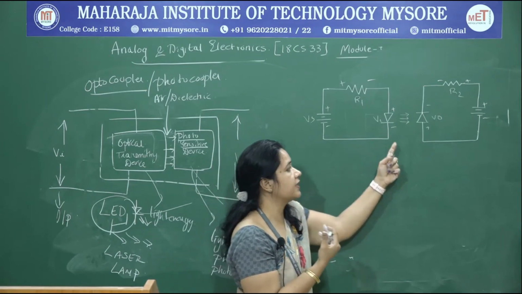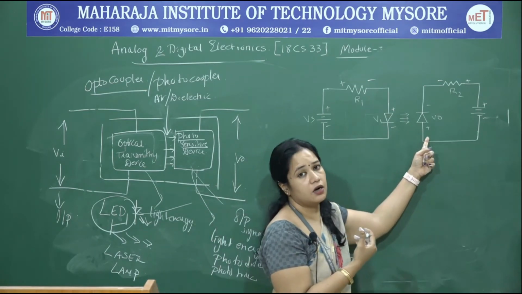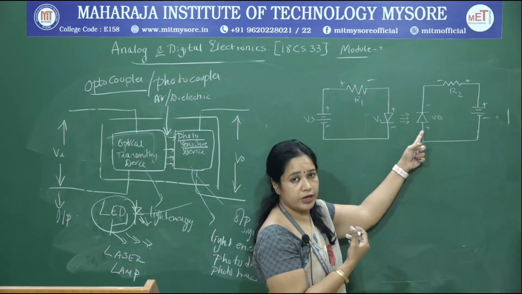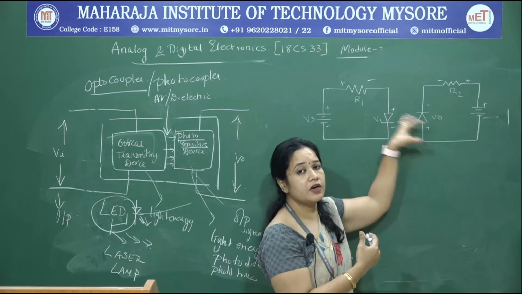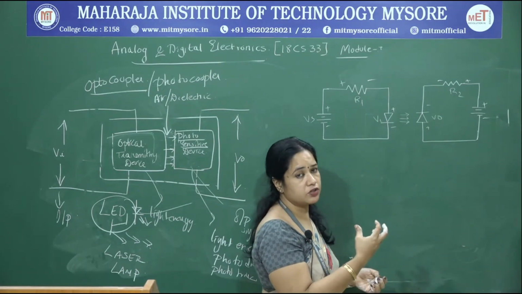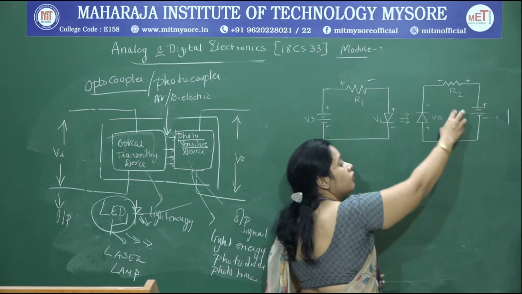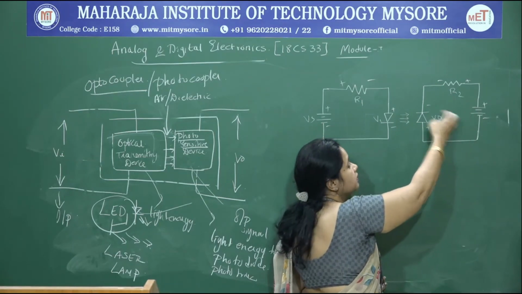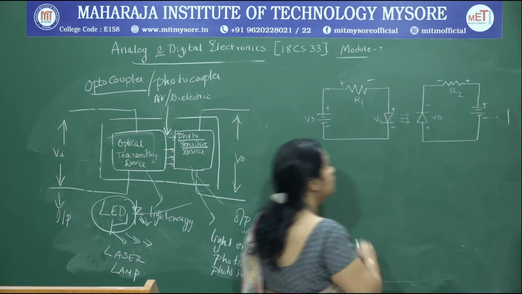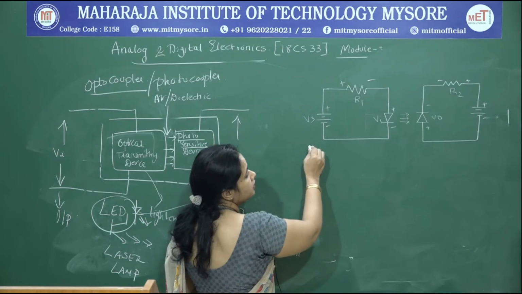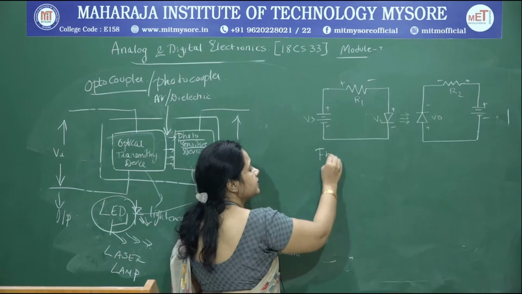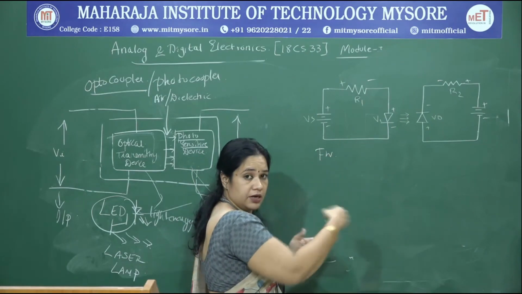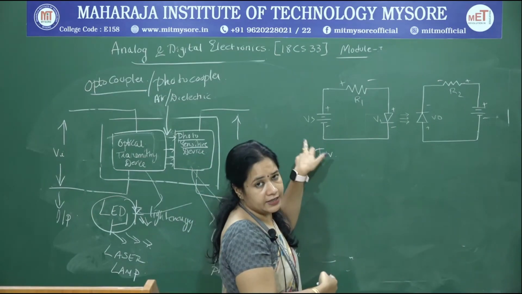This starts emitting light, and this light is picked up by a photodiode, and this photodiode starts conducting whenever light of sufficient intensity falls on it, and the amount of current flowing in the circuit depends on the light intensity falling here. So you can see here your LED is forward biased, producing a light proportional to the electrical signal.